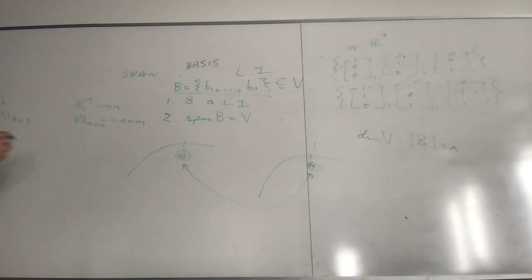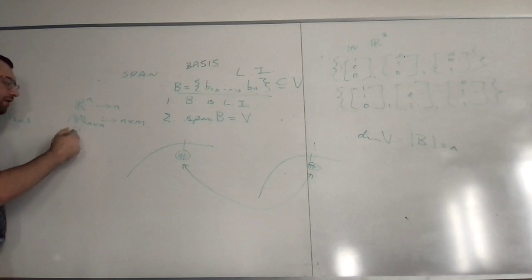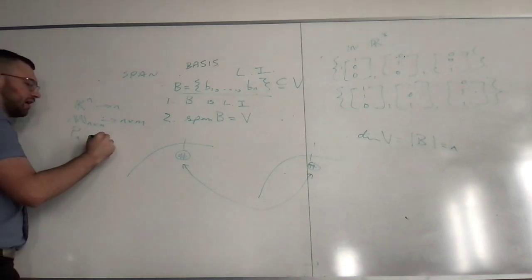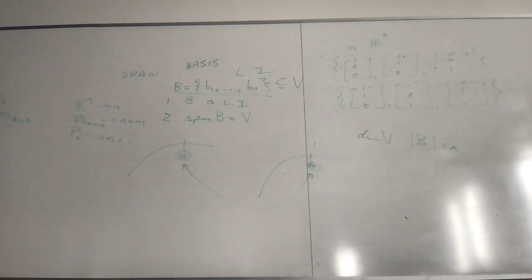The one that's a bit tricky is the set of polynomials of degree n. If this was P2, that would be quadratics. It's n plus 1. Does anyone know why it's n plus 1? Yeah? It's going to be just a variable with a coefficient. Exactly, right?